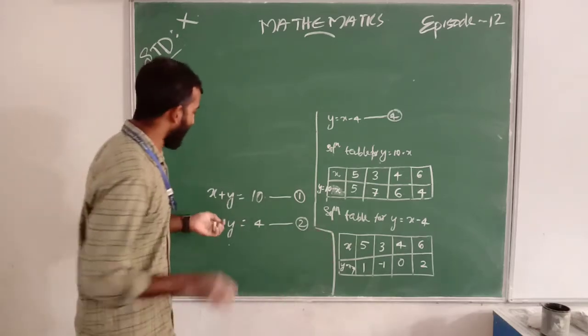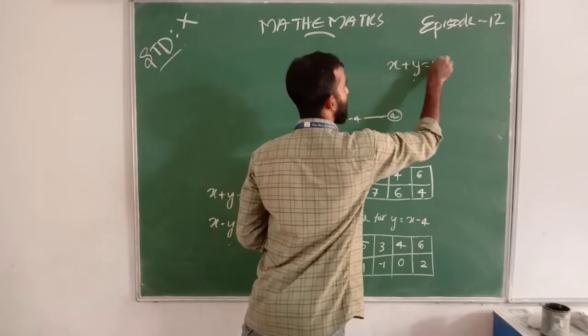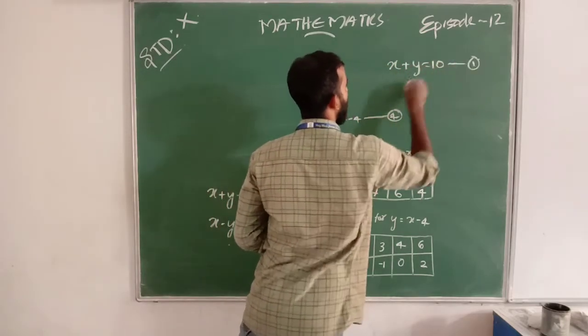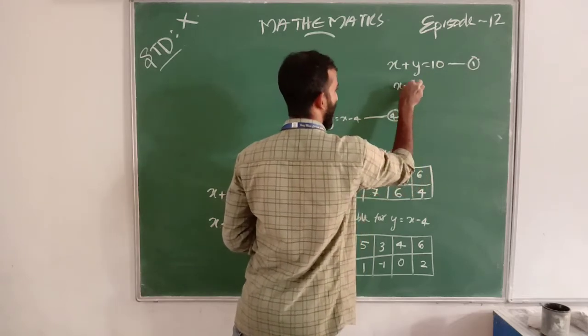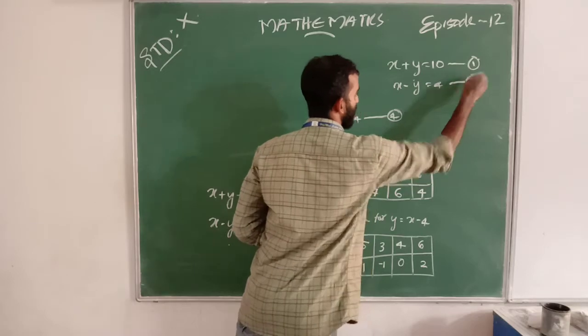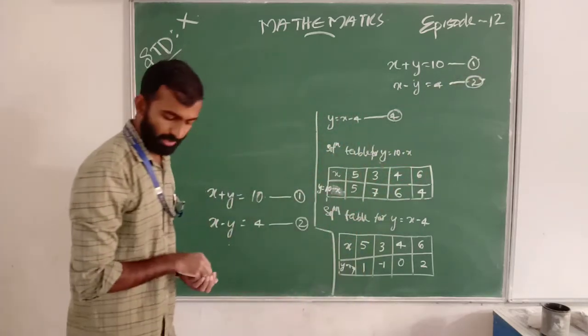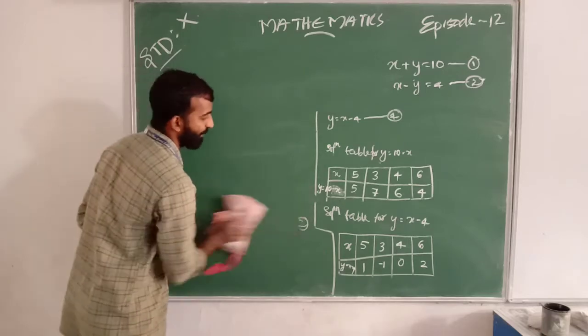I just write the normal equations: x plus y equal to 10 is equation number 1, and x minus y equal to 4 is equation number 2. Equation number 2 is here and equation number 1 is also here, so we can draw the graph.